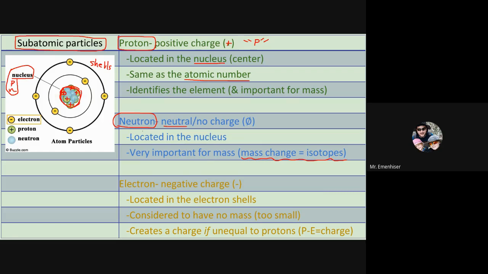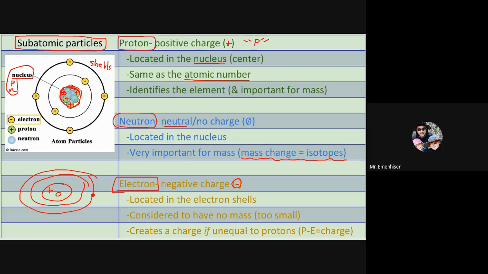So protons and neutrons are in the nucleus of the atom. Here's our nucleus, protons and neutrons, positive and no charge. There's a whole bunch of them in there, depending on what atom we're talking about. And then surrounding that are shells upon shells of electrons. These electrons are zipping around this nucleus. Electrons are negatively charged. Remember positive proton, and just remember electrons are opposite. They are negative.